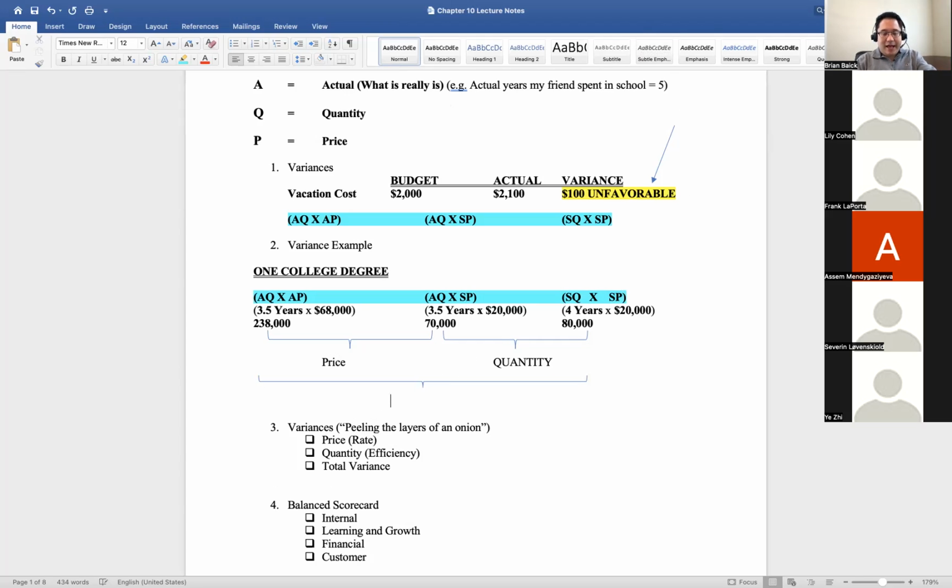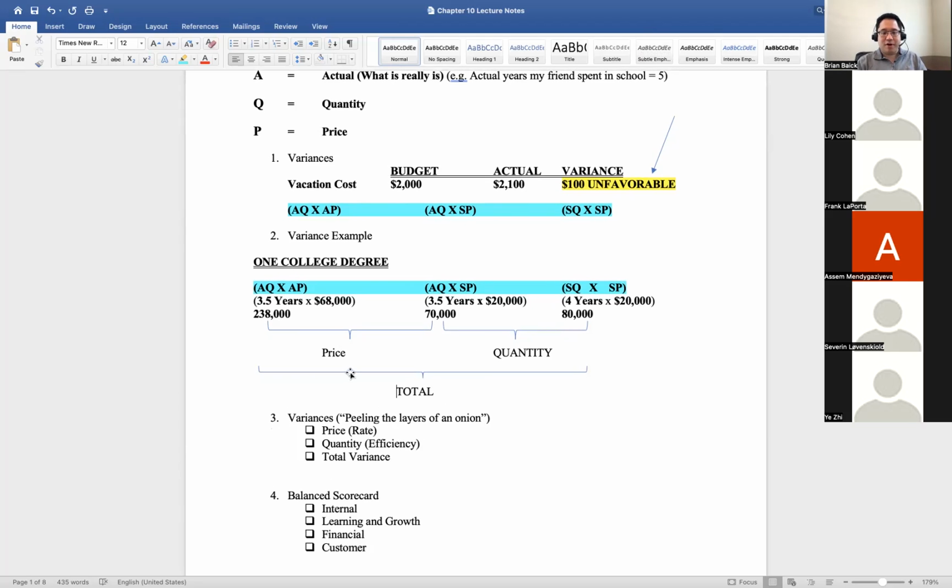And the last one is just called the total variance. So you just have to know that. So you have price variance, quantity variance, total variance. On an exam, on the homework, you can always set every problem up like this: AQAP, AQSP, SQSP.